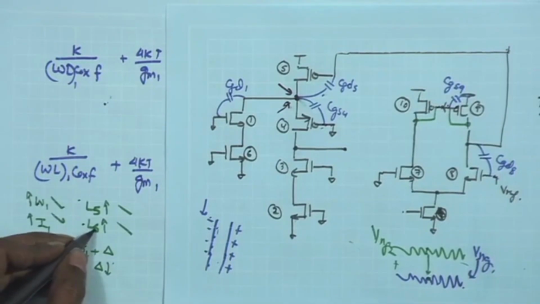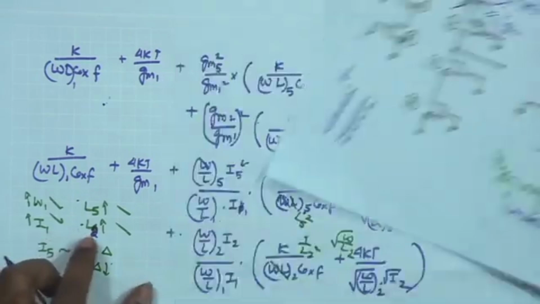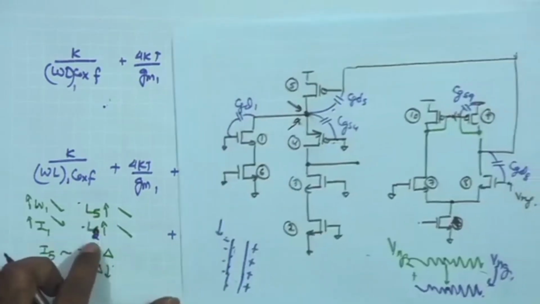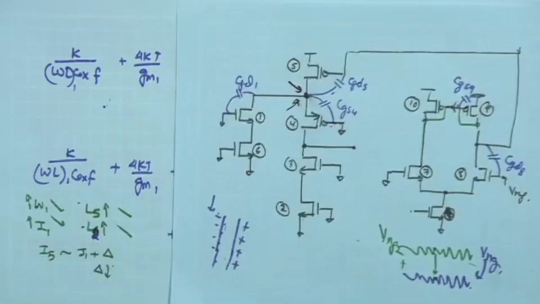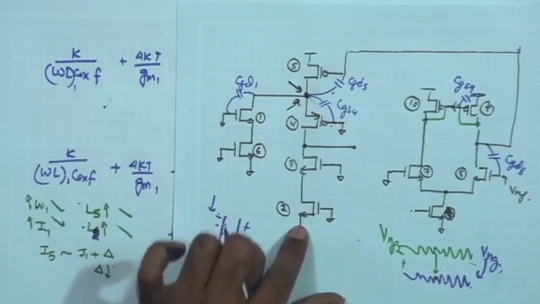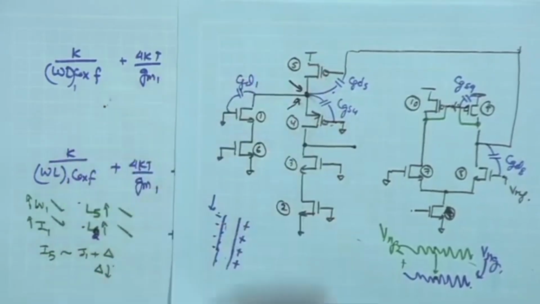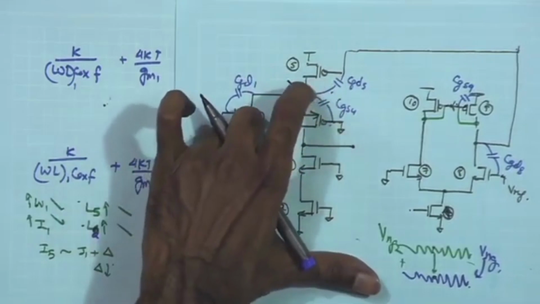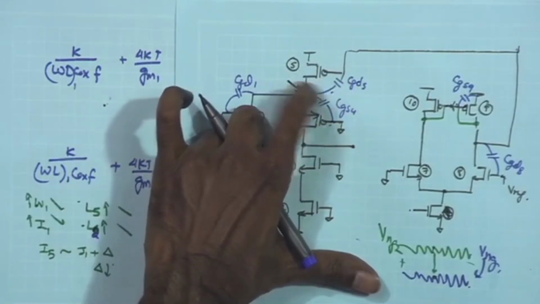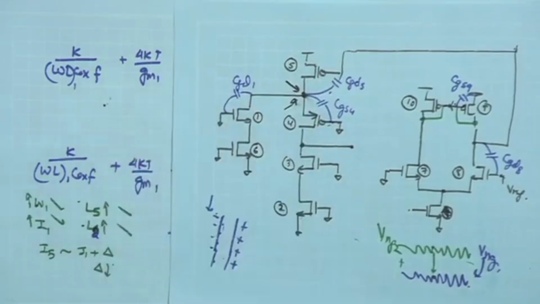I should call this 2, it's not really L5, 6. It should be L5 or L2, because this is the bottom device we are talking about. So, increasing the L5 or L2 does not really increase their CGD significantly. As a result, it does not have a significant fight with the compensation.